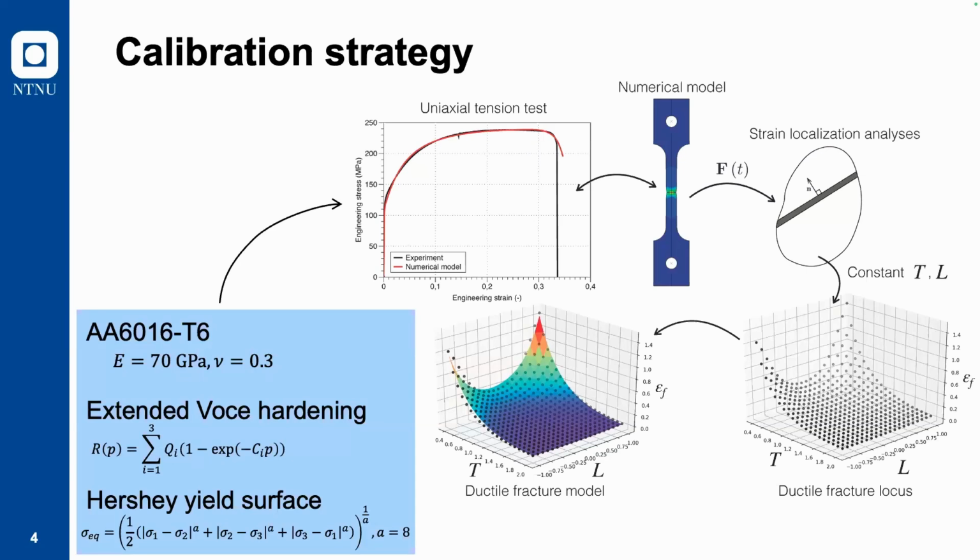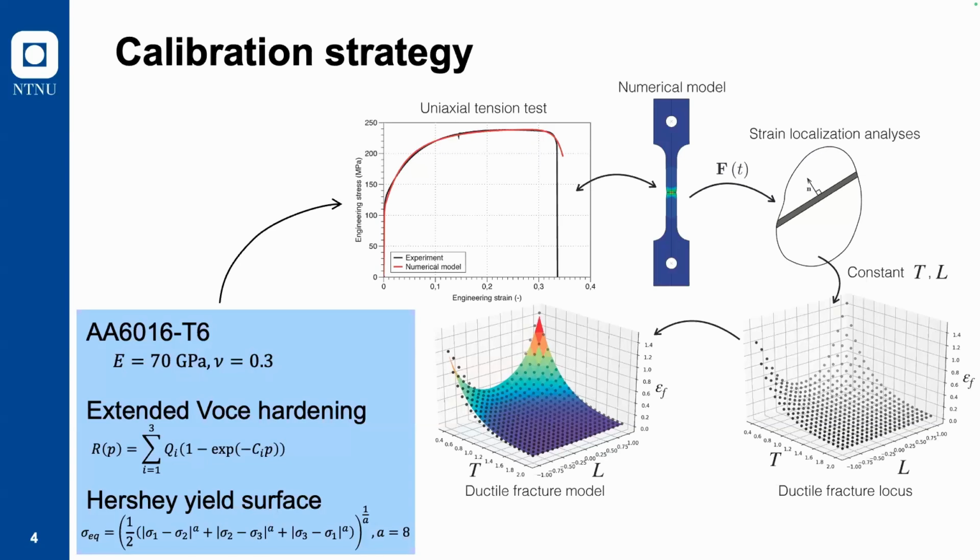Then we adjust the nucleation rates and the initial void volume fraction to make sure that the strain localization model predicts failure at approximately the same strain as seen in the experiments.